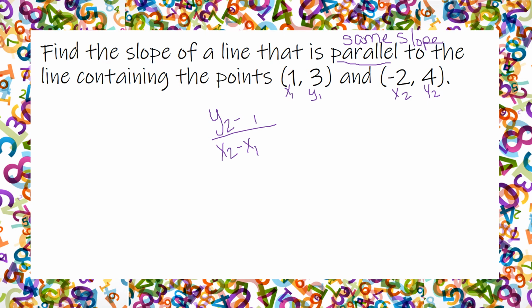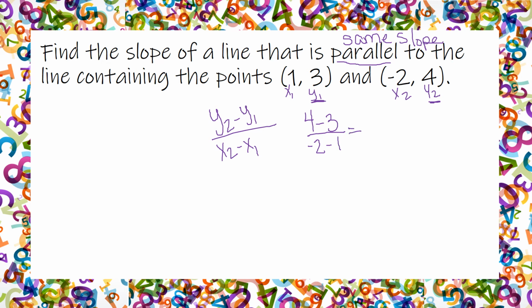So I'm going to take the y from my second pair, which is 4. I'm going to subtract the y from my first pair. That's 3. Then I'm going to take my x from my second pair. That's negative 2. And take the x from my first pair, and that's 1.